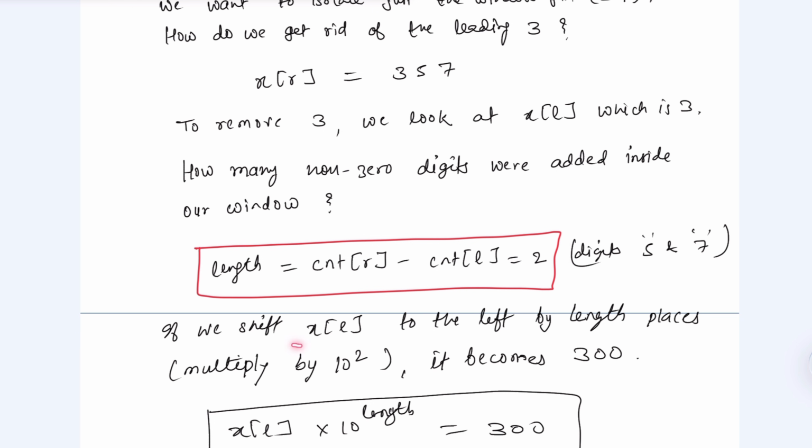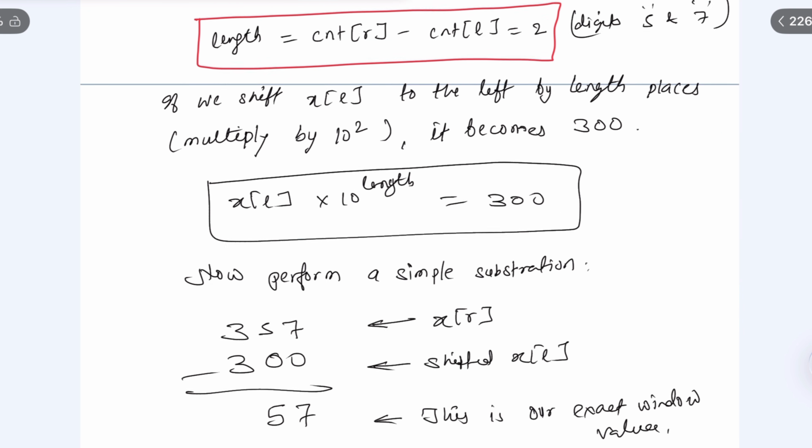So we shift x at l to the left by length places, so we need to multiply by 10 to the power 2, because 2 is the length we got. So 10 to the power 2 becomes 100. Basically x at l times 10 to the power length is equal to 300, right?